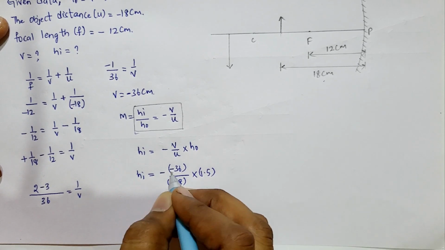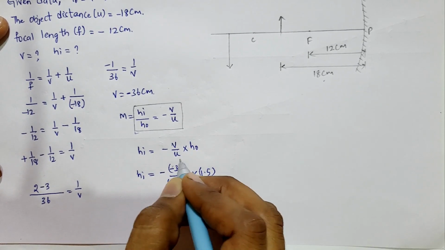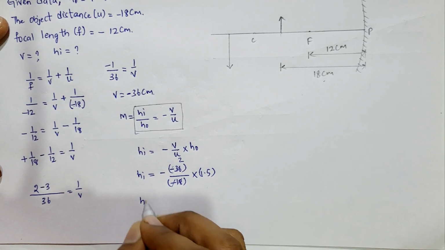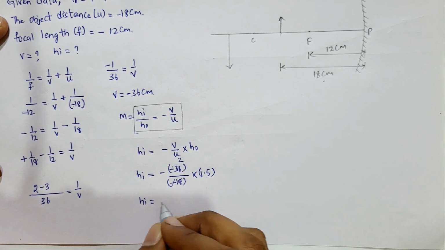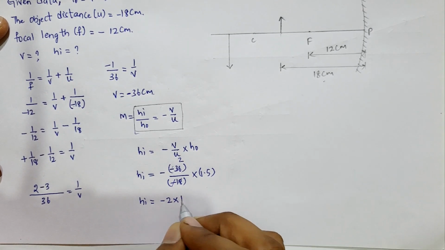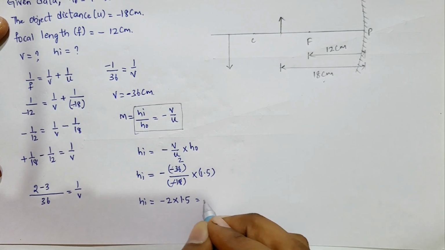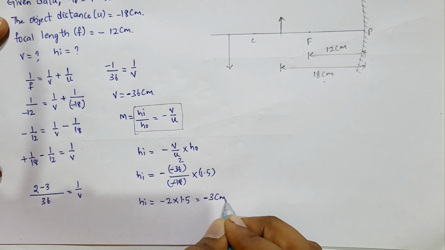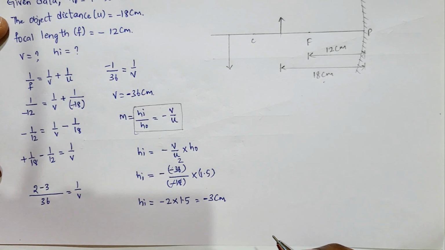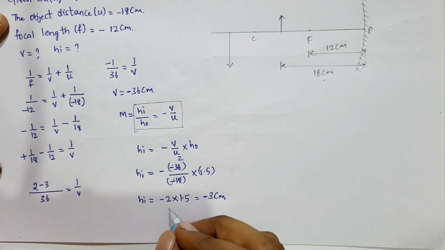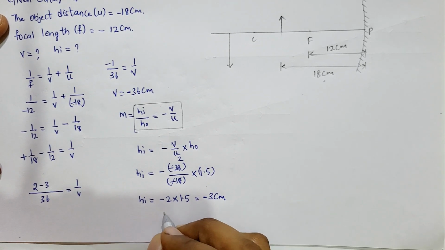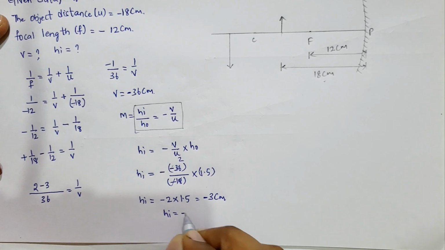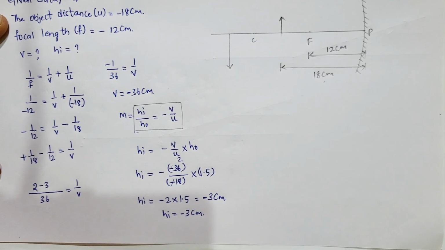So this minus cancels. 18 ones are 18, 18 twos are 36. So height of image is equal to minus 2 into 1.5. This becomes minus 3 centimeters. So we got the height of image hi is equal to minus 3 centimeters.